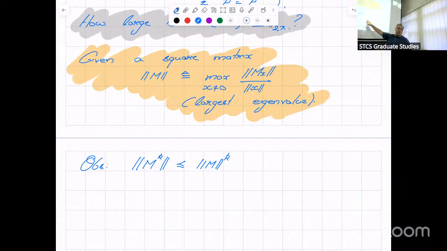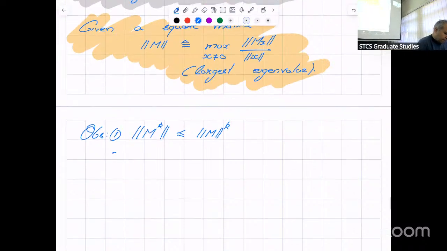But my definition will only prove less than or equal to. I will only need this direction, and that only needs that definition. What you're saying is true, but that needs the whole notion of eigenvalues and eigenvectors. I don't even need the notion of an eigenvector for proving this inequality.